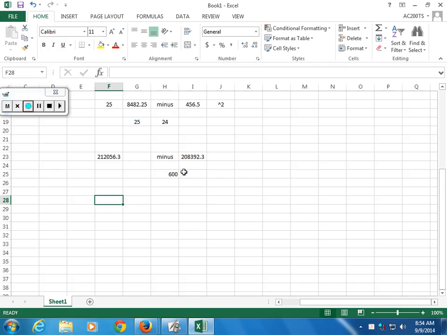All right, so equals this guy minus this guy, and equals 600 there. So our variance is equal to this guy divided by this guy, and then the standard deviation is equal to that guy raised to the 0.5 power, or the square root.